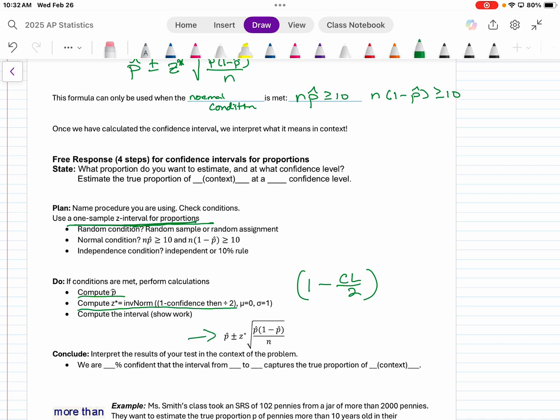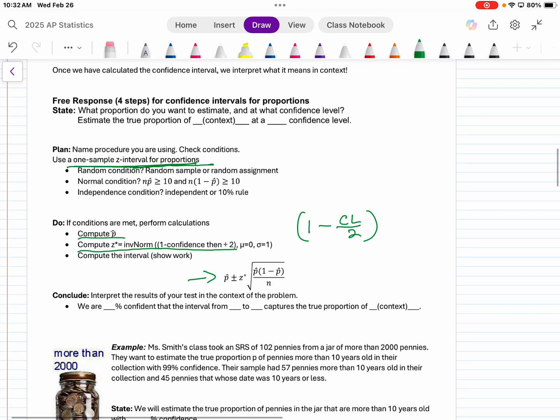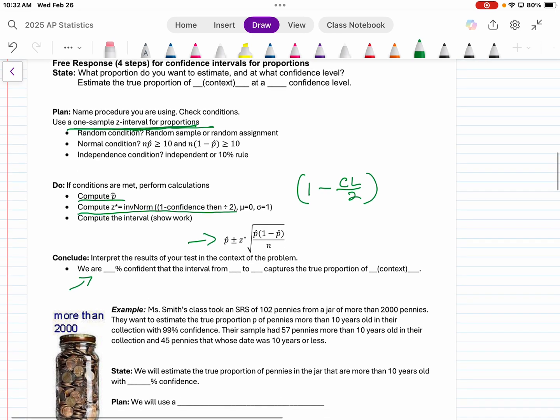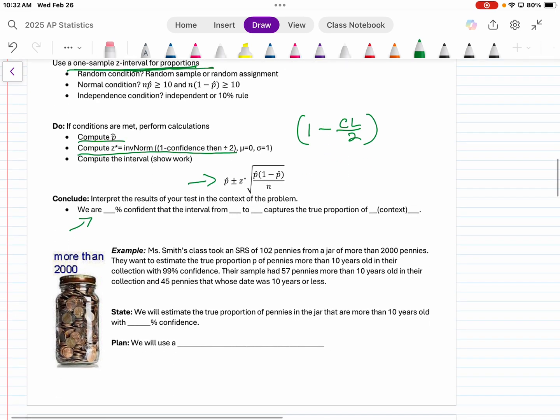And then we go through and compute it. In our interpretation, here's the phrasing we learned yesterday: we are blank % confident that the interval from blah, blah, blah captured the true proportion of whatever is the context of our problem. So we're going to go through and do several of them for the rest of the class. Most of the rest of the class is doing examples of confidence intervals.